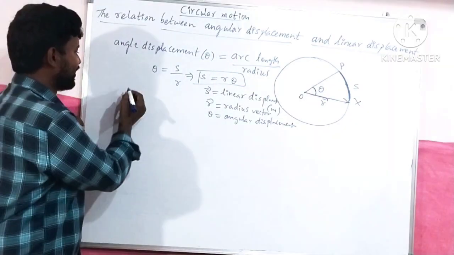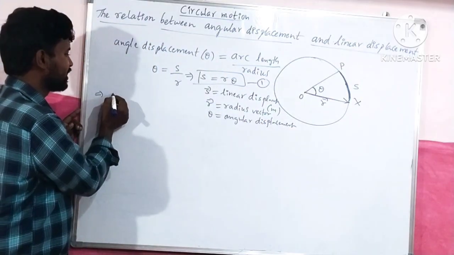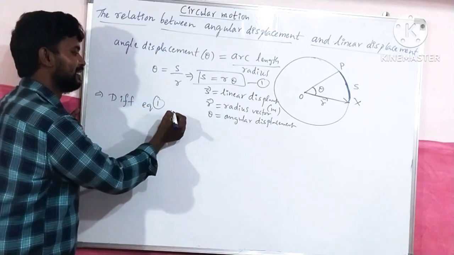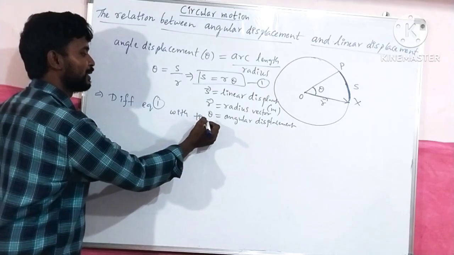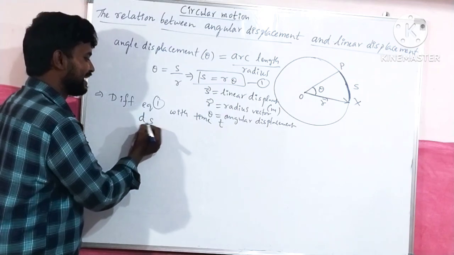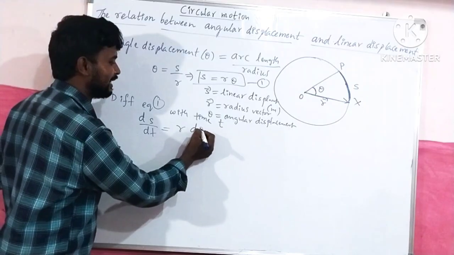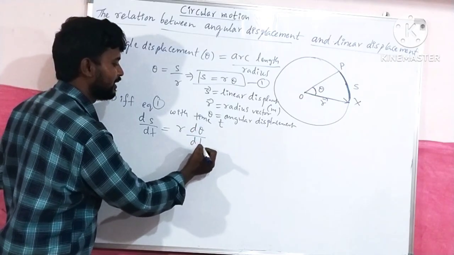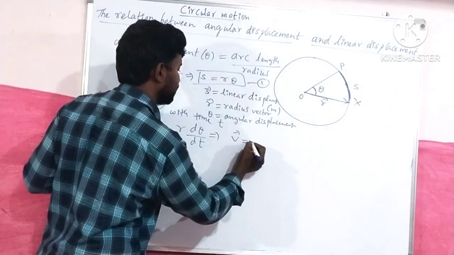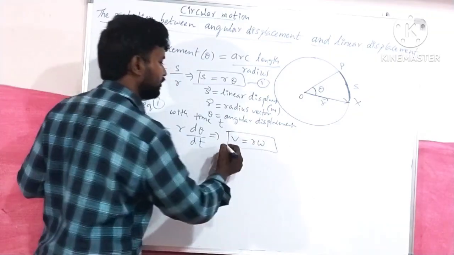When you differentiate equation one with respect to time t, ds by dt equals r, since the radius is constant, times d theta by dt. ds by dt is nothing but velocity, so v equals r omega in magnitude.